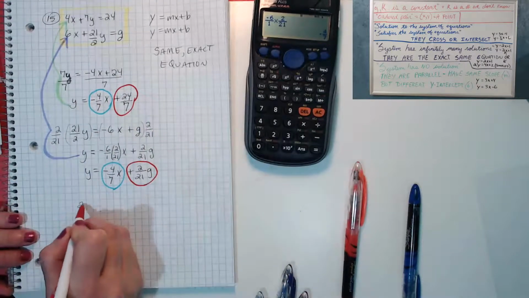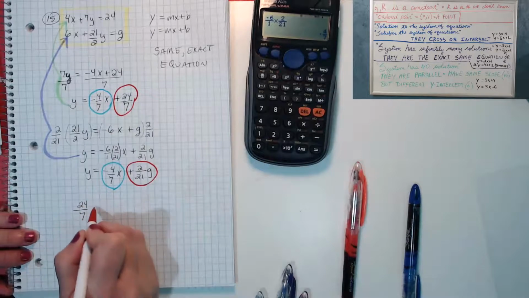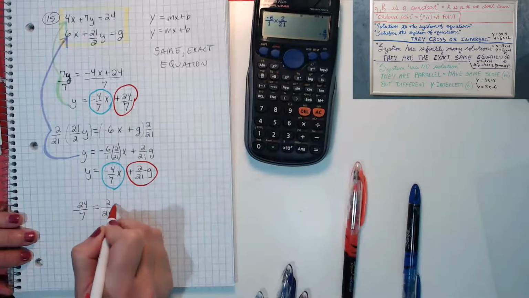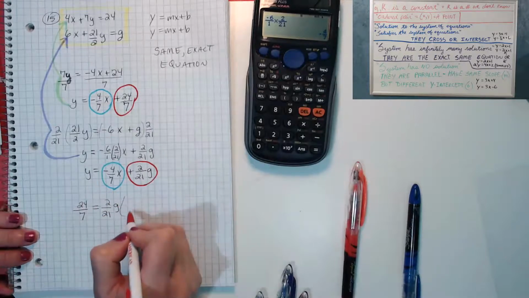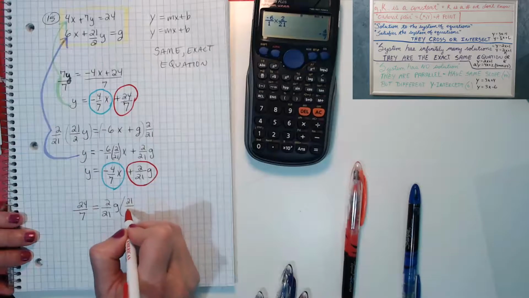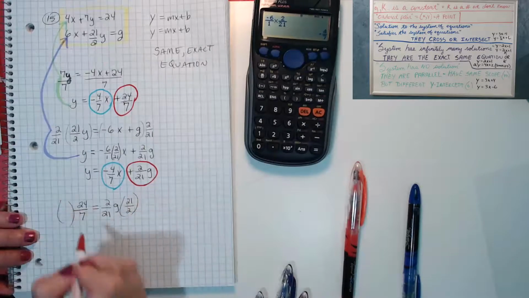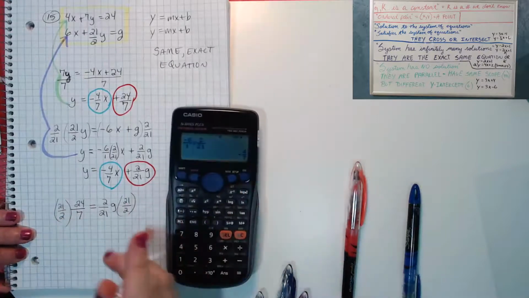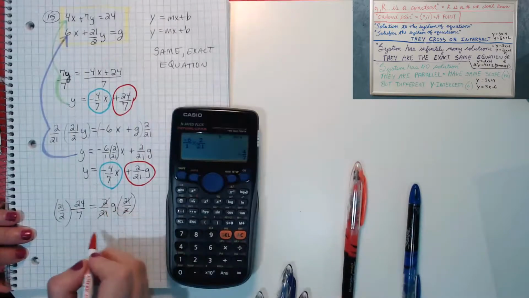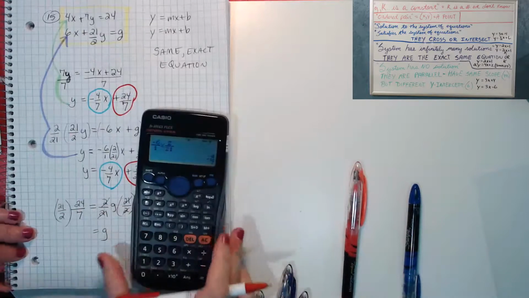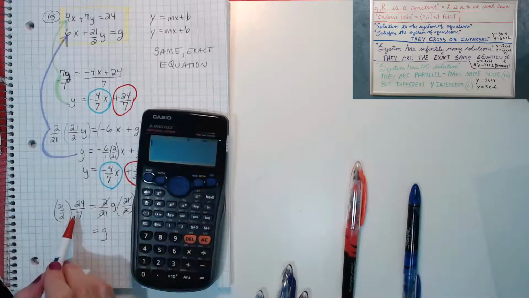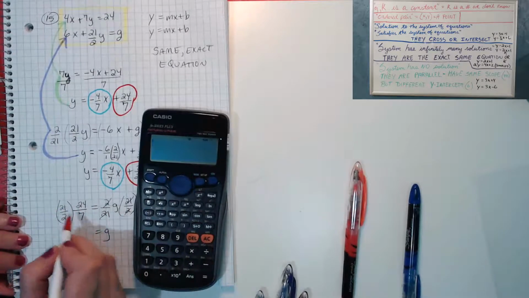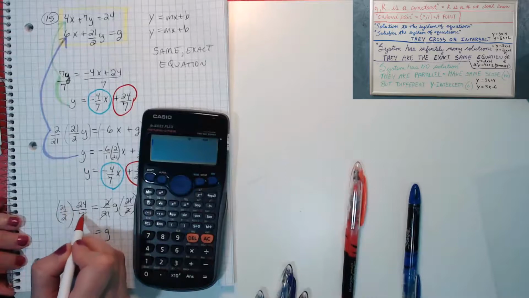So what we do is we say 24 over 7 has to equal 2 over 21g. This means we multiply both sides of the equation by 21 over 2. Those will then cancel out and we will have what g equals. This one you could just cross cancel. I'll show you both ways. These numbers look very easy on my eye. I see a 7 and a 21. I would make that a 1.